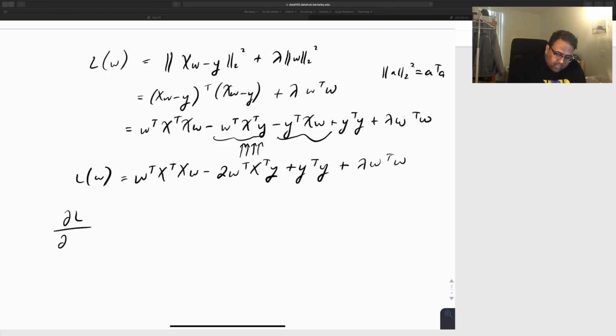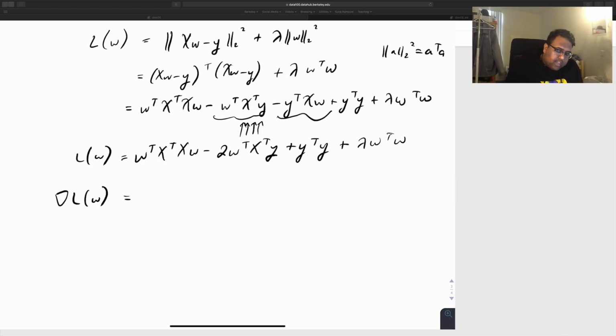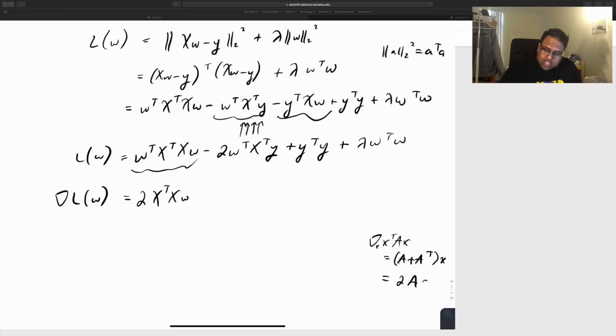Now what we're going to do is take the gradient. I meant to write the gradient of our loss. Now we use some of those gradient rules that we saw in the previous video. The gradient of W transpose X transpose XW with respect to W is 2X transpose XW. That uses the fact that the gradient of X transpose AX with respect to X is A plus A transpose X. But if A is symmetric, and in this case A is just X transpose X, which of course is symmetric, we can write this as 2AX.